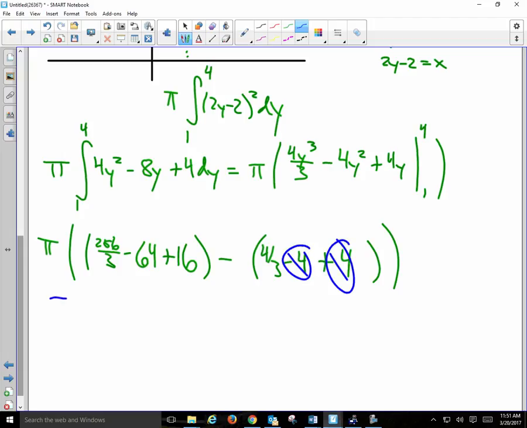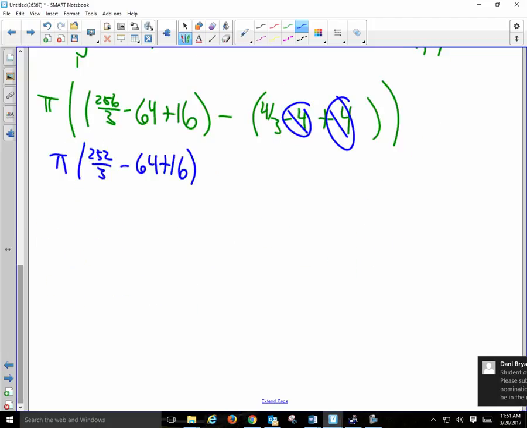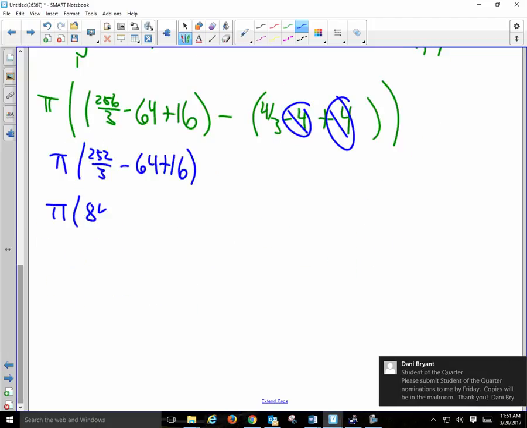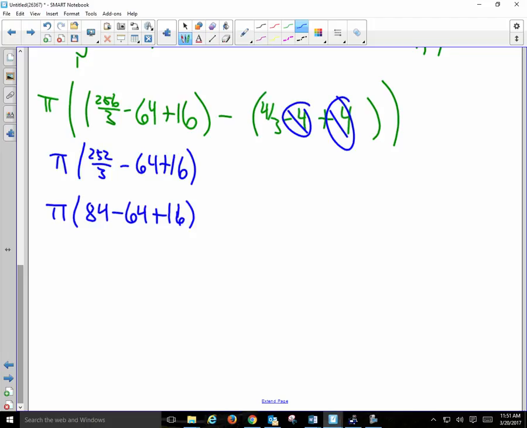We'll combine like terms here. 256 over 3 minus 4 over 3 is 252 over 3, minus 64 plus 16. 2 plus 5 plus 2 is 9, so that's divisible by 3. 84. We get pi times 84 minus 64 plus 16. 20 plus 16 is 36. The exact volume is 36 pi.